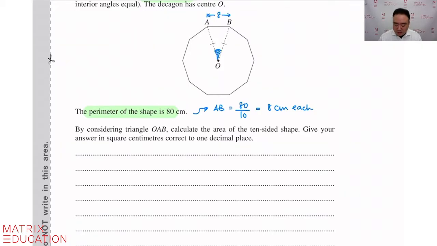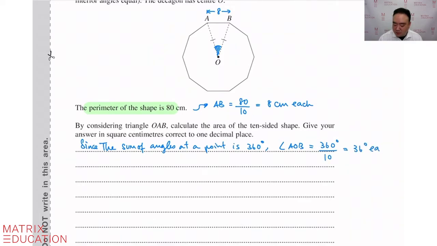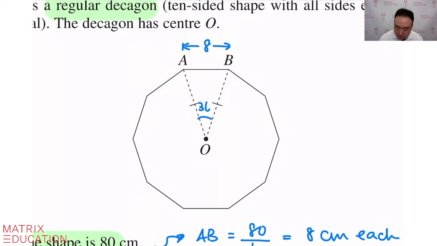So the angle AOB is 360 degrees divided by 10, and that's 36 degrees each. So that angle in the middle there is 36 degrees.